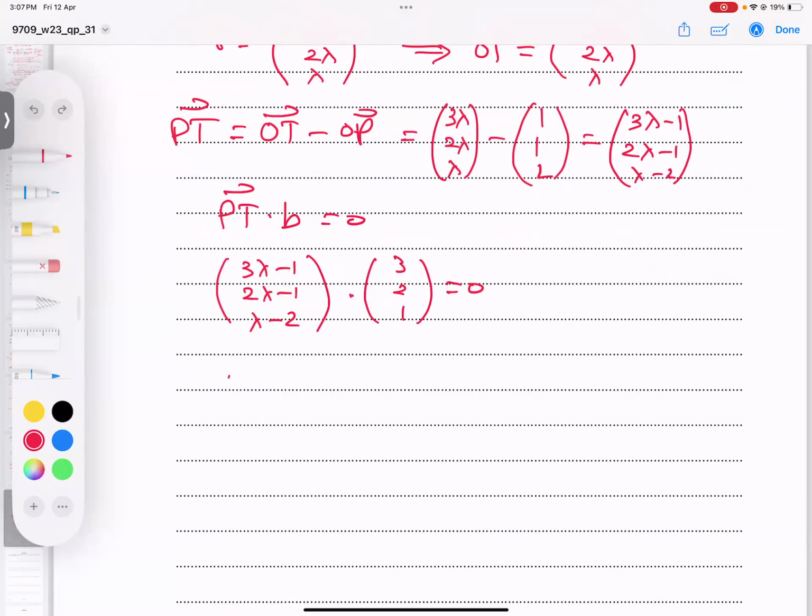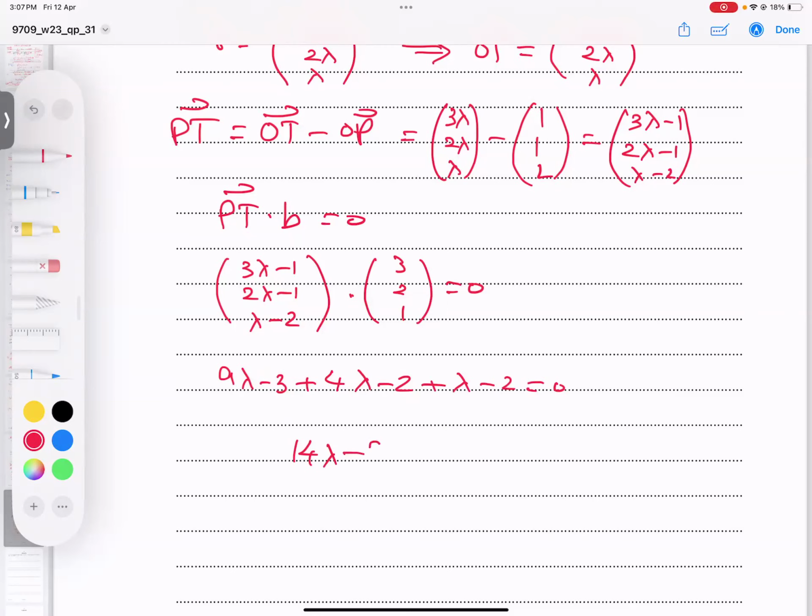So 3 3s are 9 lambda minus 3, 2 2s are 4 lambda minus 2, and lambda minus 2. So 9 plus 4 plus 1, 14 lambda. And this has got a 6, this is a 7. So minus 7.